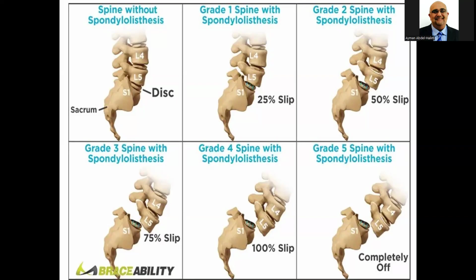Grade 1 and 2, you can manage conservatively with some injections, prolotherapy, analgesics. Sometimes we do epidural steroids if you have radicular manifestations, but usually with grade 3 and 4 and higher, of course, you will need surgical intervention.